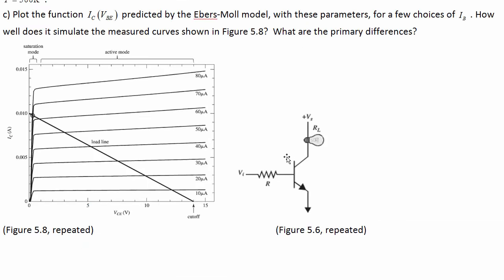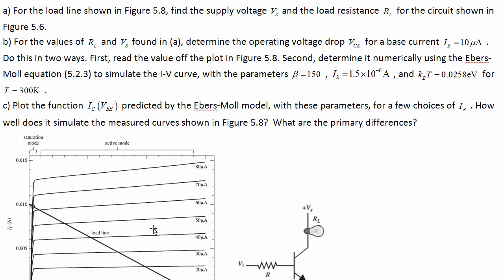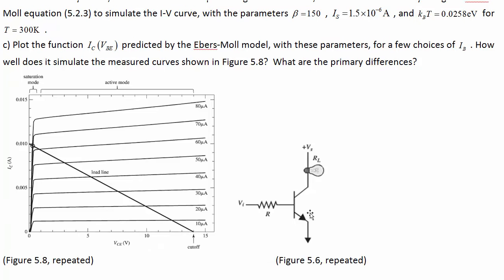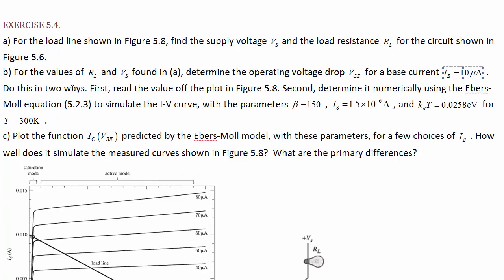That's part A. Part B, for those values we found, determine the operating voltage drop, VCE, for a base current of 10 microamps. And we're going to figure this out two ways. One, just by reading it off the plot, and two, using the Ebers-Moll equations to simulate the IV curve with those parameters that were given.